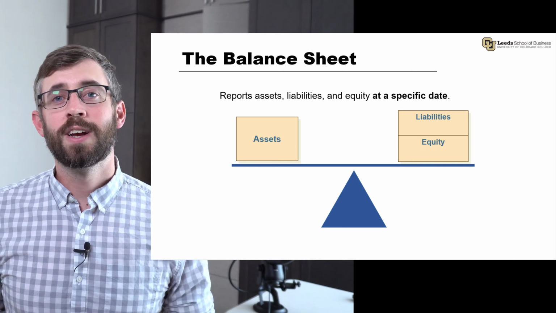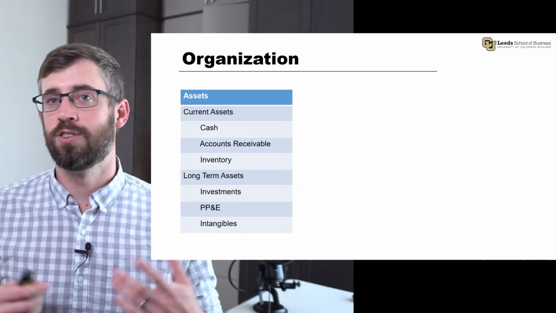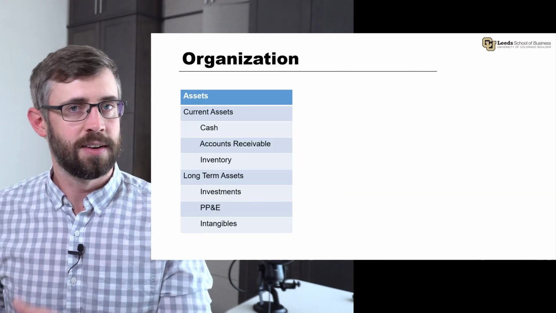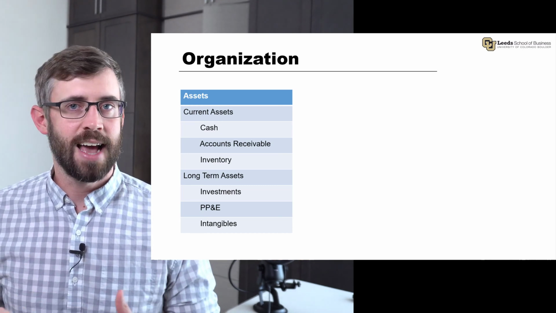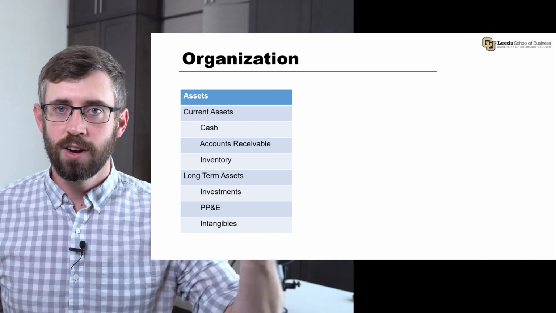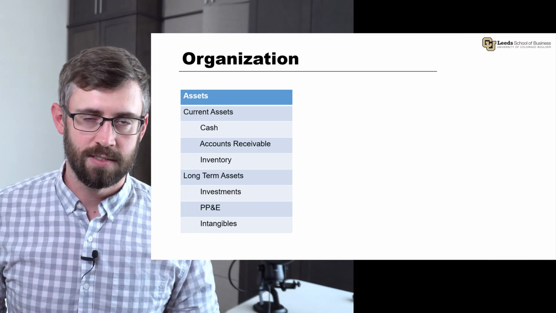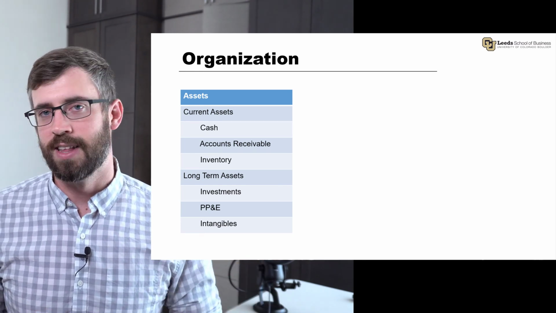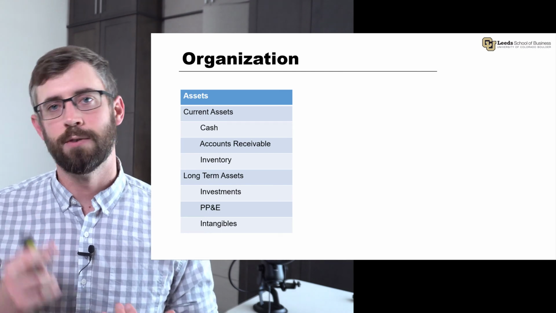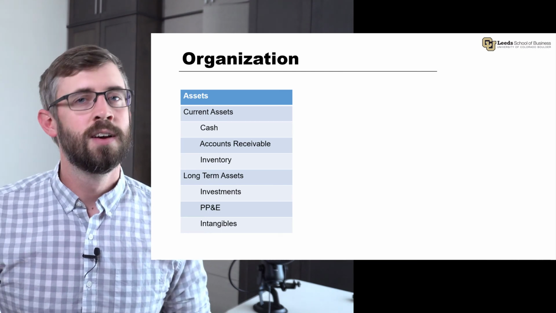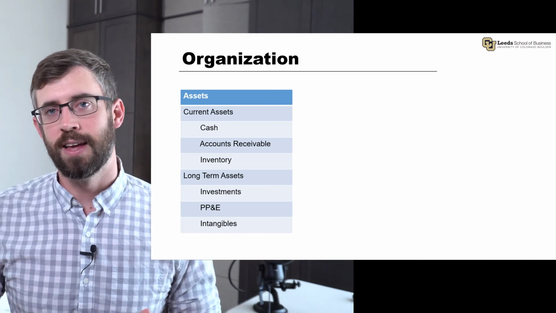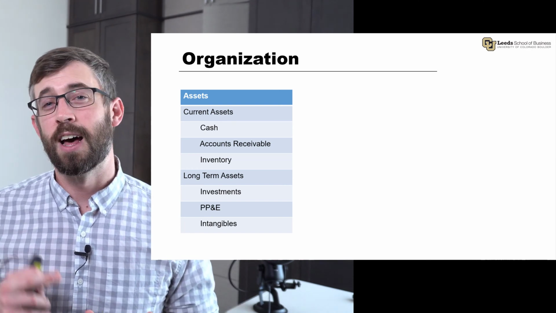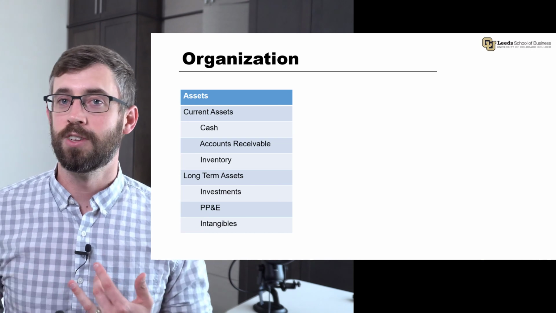So we're going to organize our balance sheet into these three sections: the assets, the liabilities, and the equity. And we're going to see a split on the assets and liabilities side between current assets and non-current assets. So our current assets include things like cash, inventory, receivables, prepaid expenses, and long-term assets or non-current assets are going to be things like property, plant, and equipment, a lot of intangible assets, some investments.